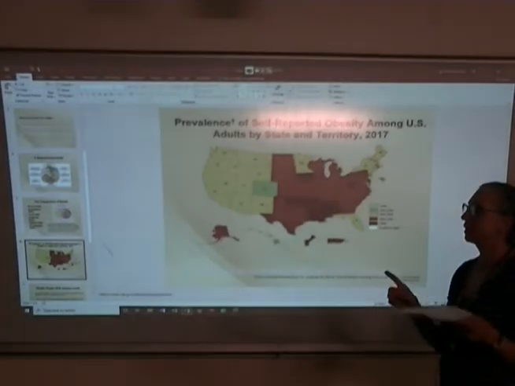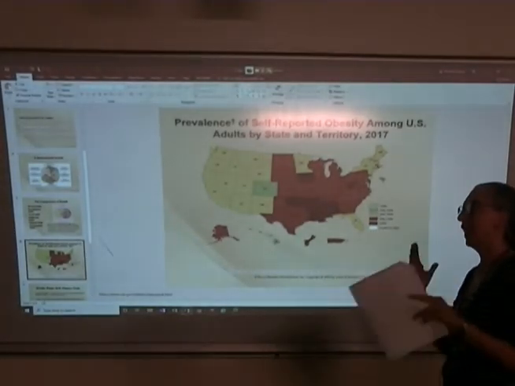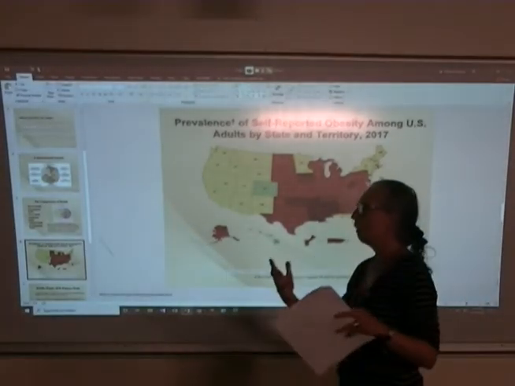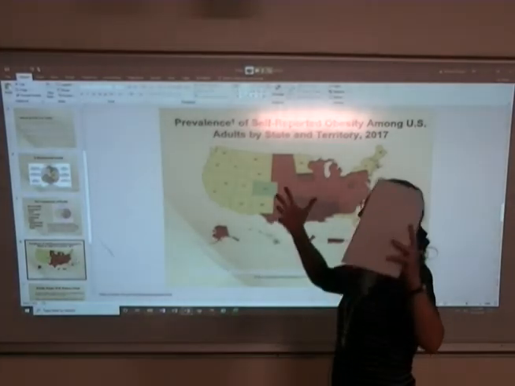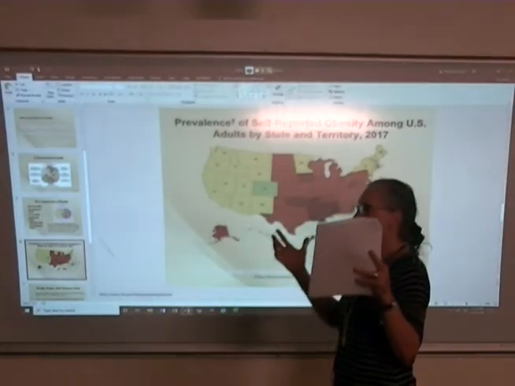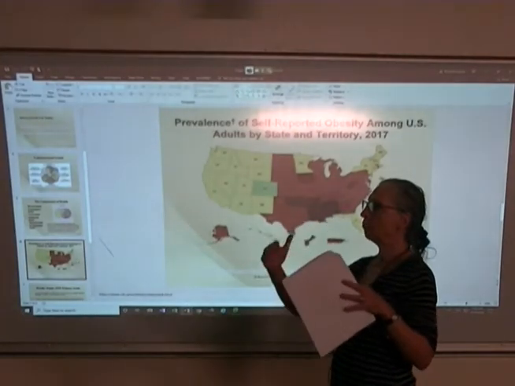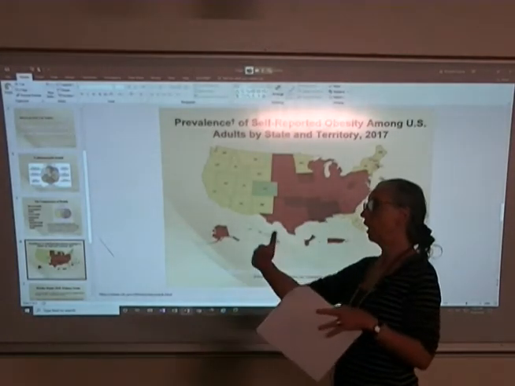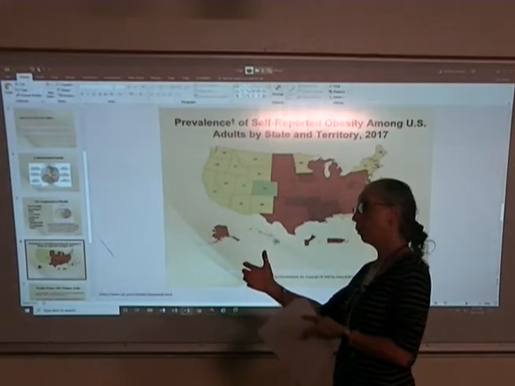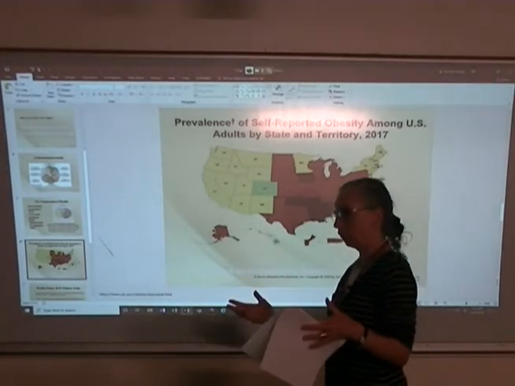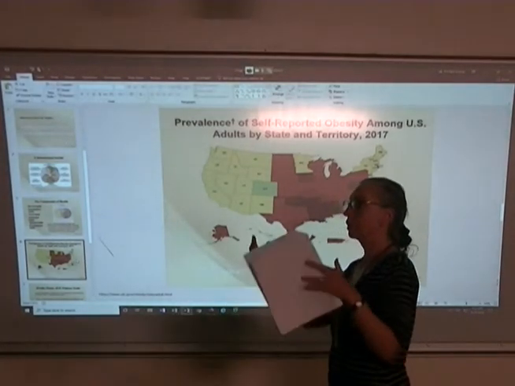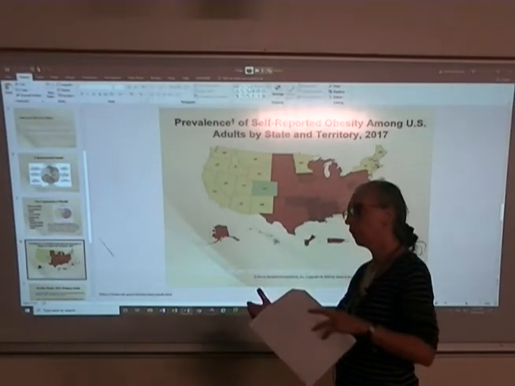One of the things, and this will come up again, think about if the parents are obese, then it will be that much harder for a child growing up in that household not to be obese. Because the parents probably don't move very much.